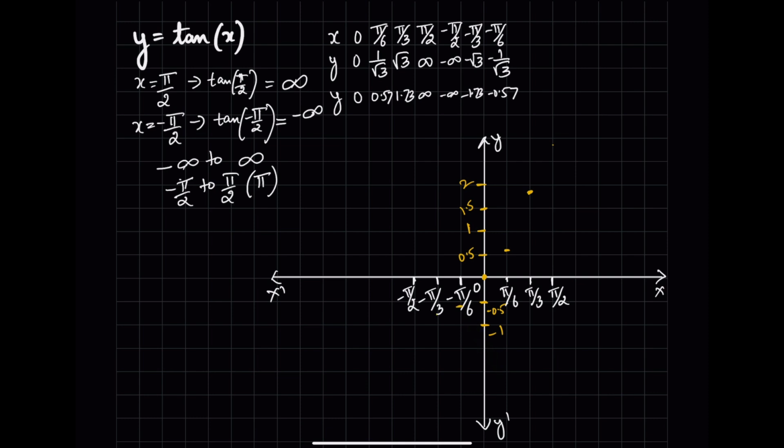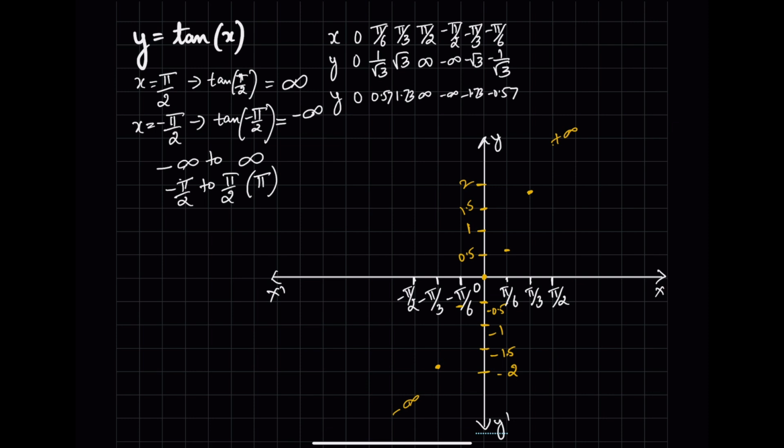Tan of minus pi by 3 is minus 1.73, so this is minus 1.5, minus 2, so we would have it somewhere here. And tan minus pi by 2 is minus infinity, it would be somewhere here, and this would be plus infinity. We don't know what the exact graph would be because it's infinity, we don't know the value.